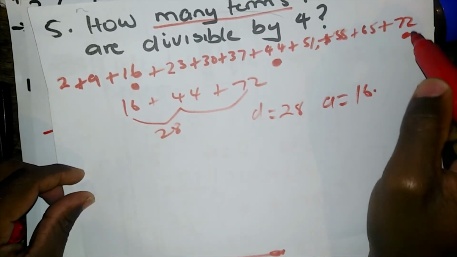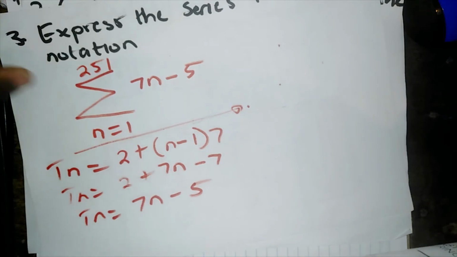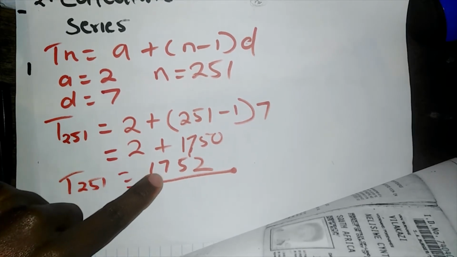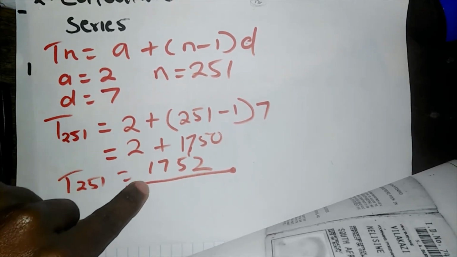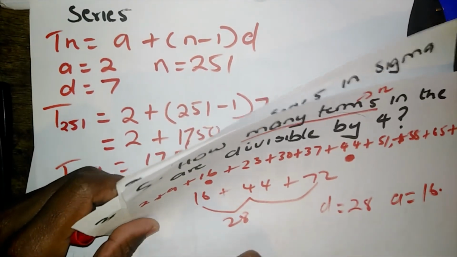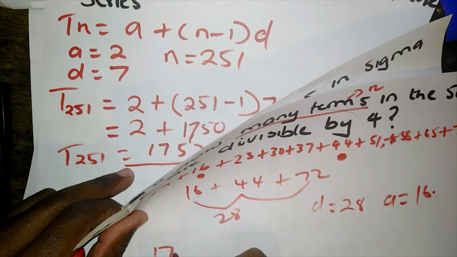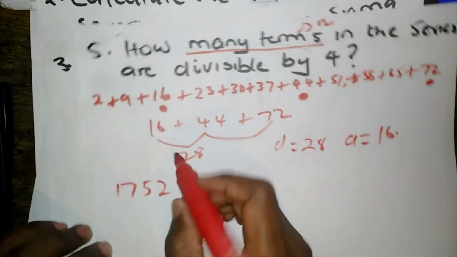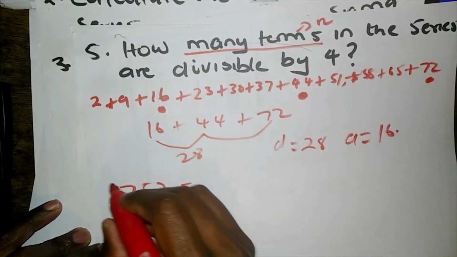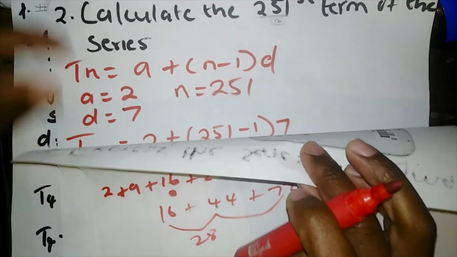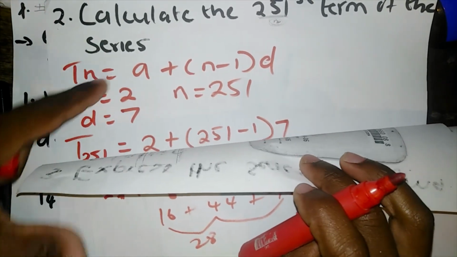Our last term is 1,752, then we use the standard formula for my arithmetic sequence, this one.